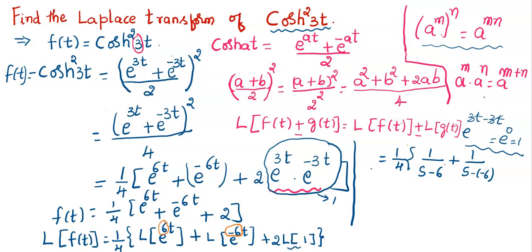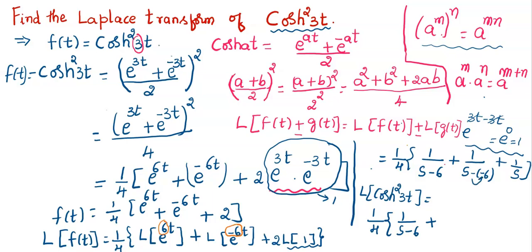And Laplace transform of 1 is 1 by s. So the Laplace transform of the given function, that is cosh squared 3t, is 1 by 4 into 1 by s minus 6 plus, minus into minus is a plus, so 1 over s plus 6 plus 1 by s.